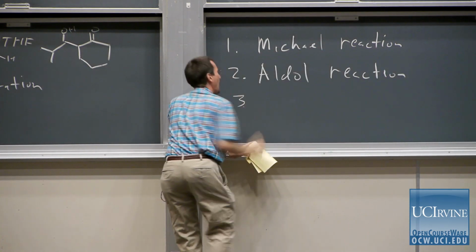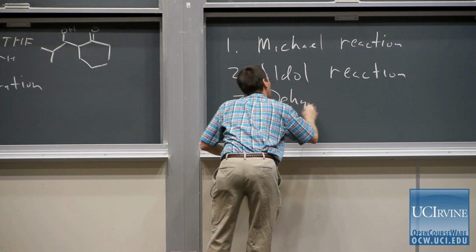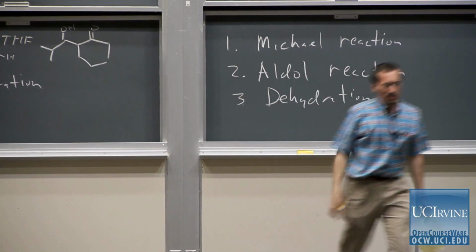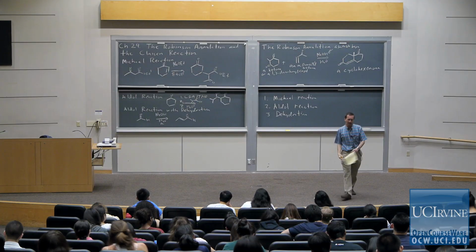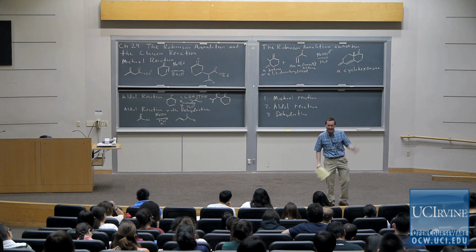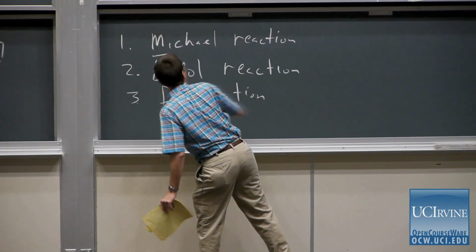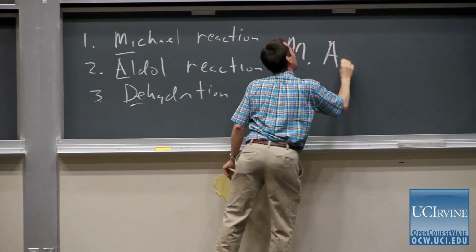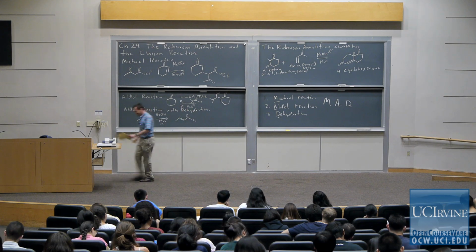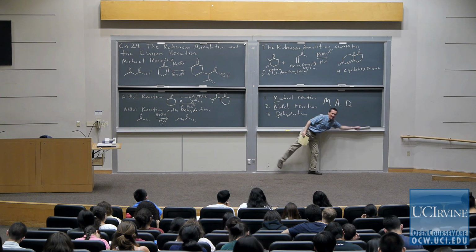And the third reaction is a dehydration. And if you want to remember something, just come up with a crazy way of remembering it. And you look at this and you say, how in hell does that occur? That's crazy. That's mad. We're just going to go ahead and remind ourselves MAD. The Robinson annulation is a mad reaction. All right. But I'm not mad, so I will show you how this occurred.